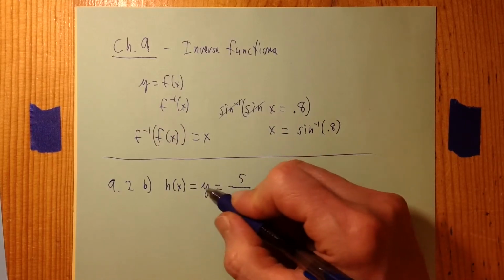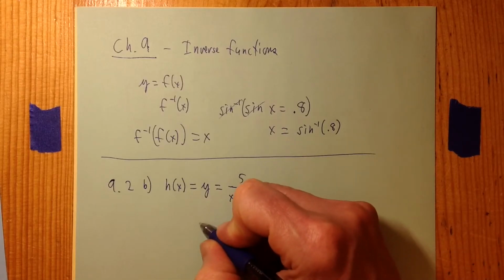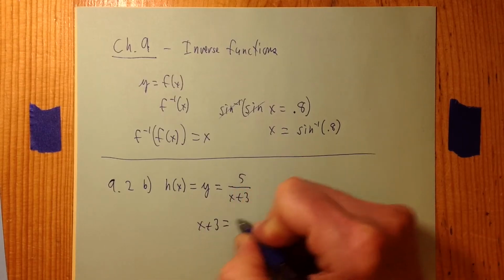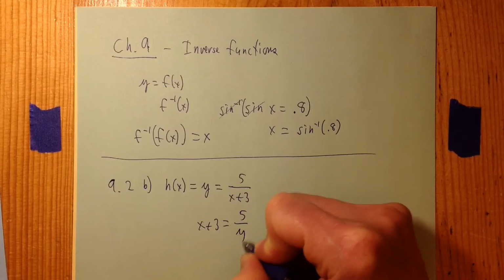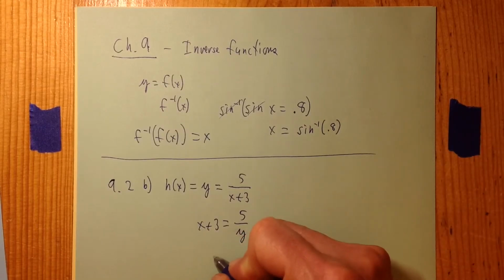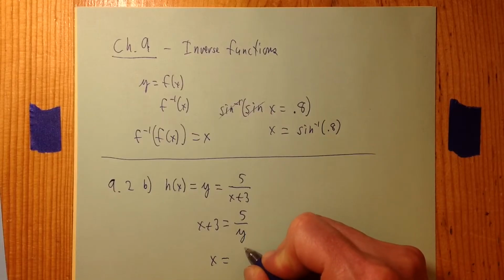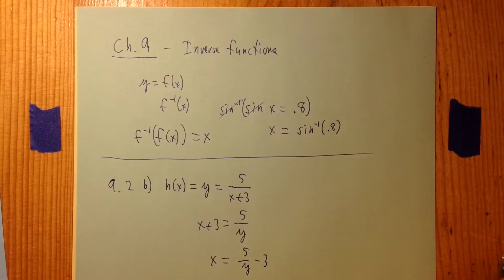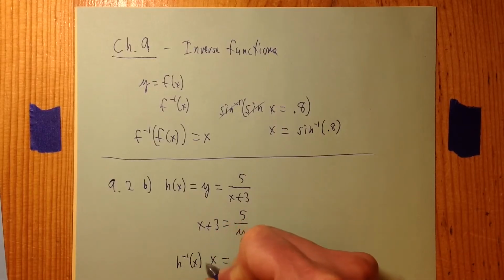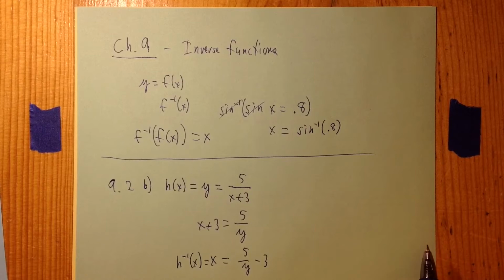If we switch the y and the x plus 3, we have x plus 3 equals 5 over y. Then take away 3 from both sides, x is equal to 5 over y minus 3, and that is our inverse function. So we could say that h negative 1 of x is equal to that.